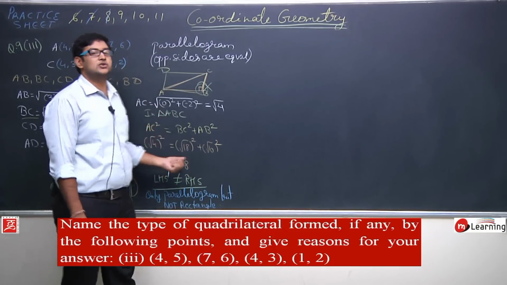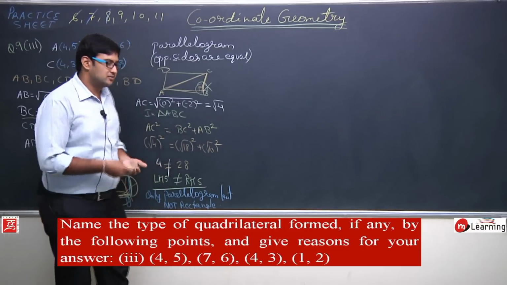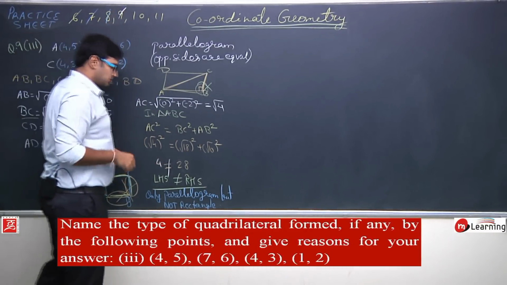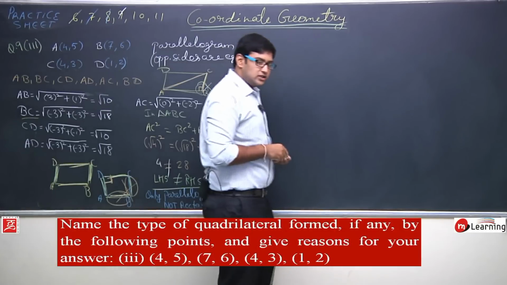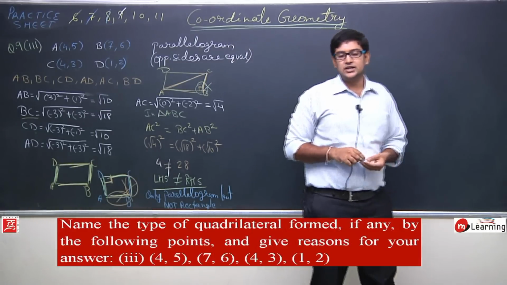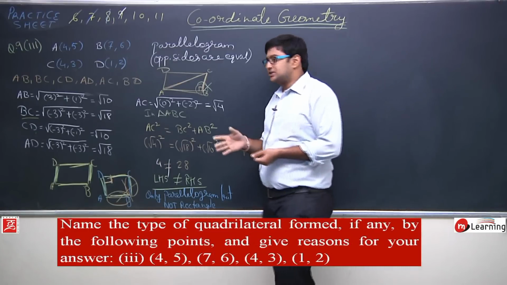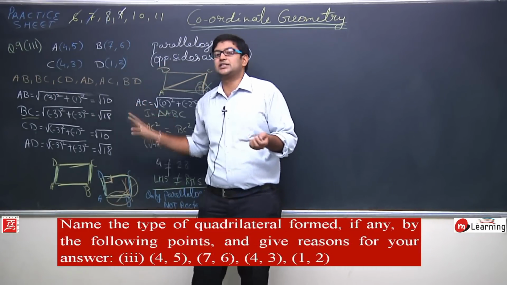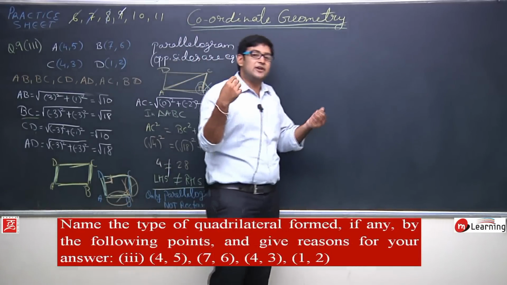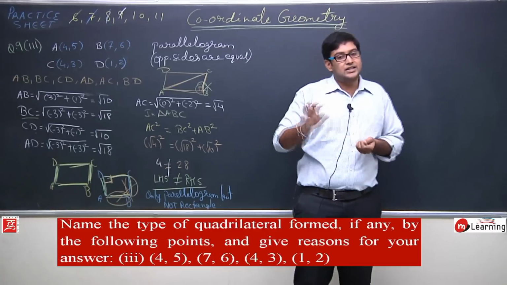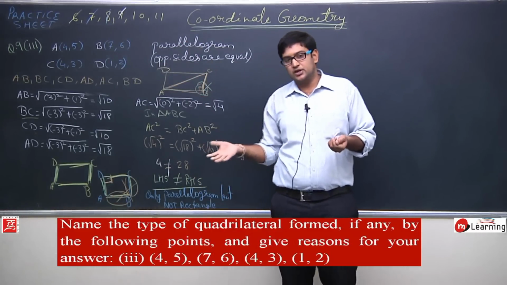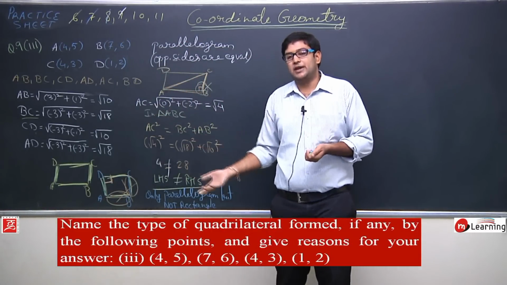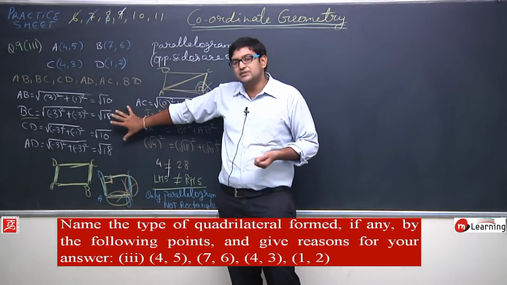So this is the solution for the third part of question number 9, and you can very clearly see that in all the parts of this question number 9 the process was the same, the methodology was the same, that we calculated these distances, but the conclusions are different in all the cases, and there may be further cases also in which you will have something extra to determine. But the basic process will remain the same.